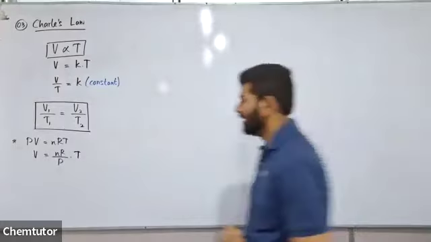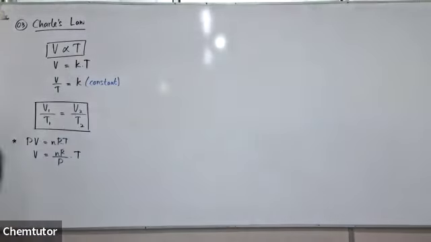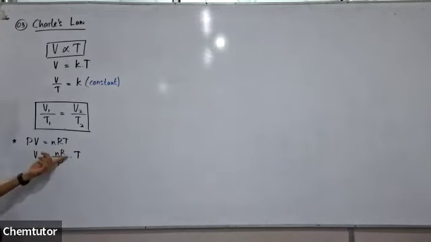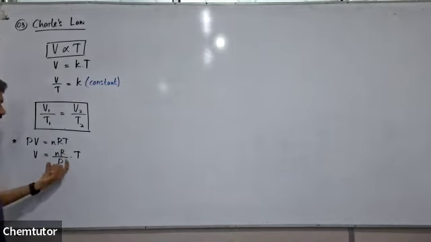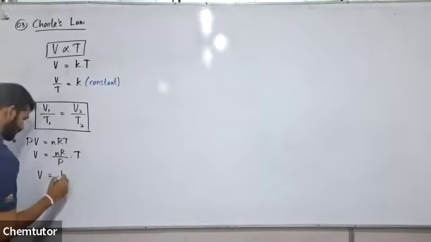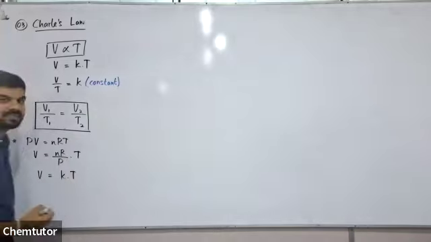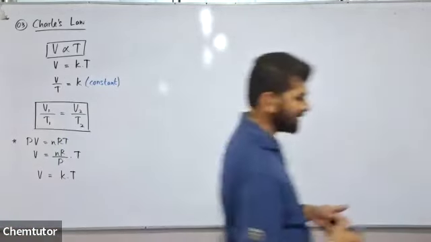Now, n is the number of moles, so we are considering a fixed amount of a gas. R is the universal gas constant, and P is the pressure that is also constant. Here we are considering a constant pressure. Therefore, the whole part of this equation is a constant. So therefore, volume equals a constant times T. V equals K T.